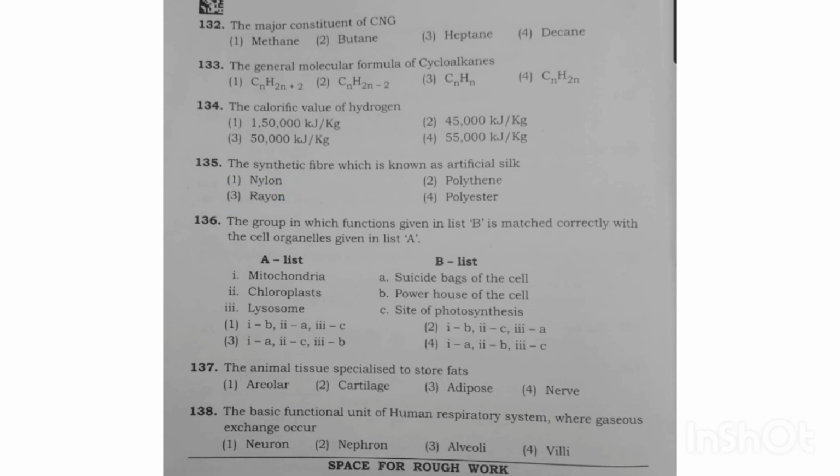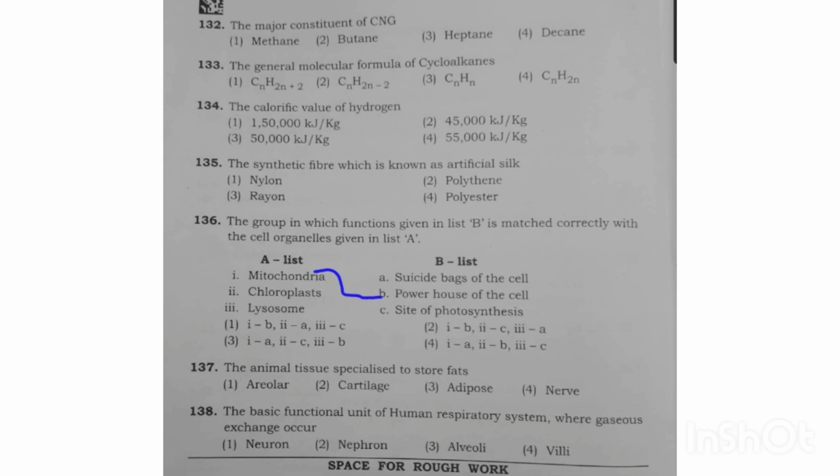Okay, then next one: the group in which the function given in the list is matched correctly with the cell organelles given in list A. Firstly we see list A: mitochondria, chloroplast, lysosome. We have to find out their functions, how they perform in our body. Mitochondria is the powerhouse.